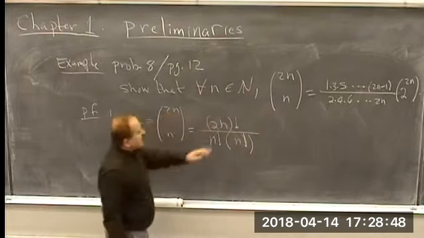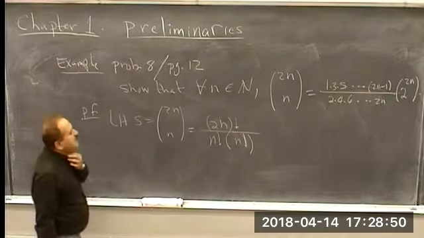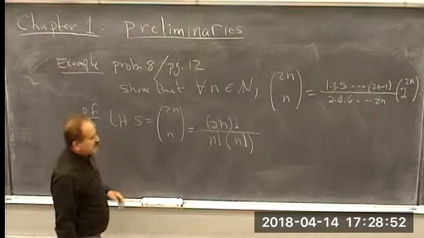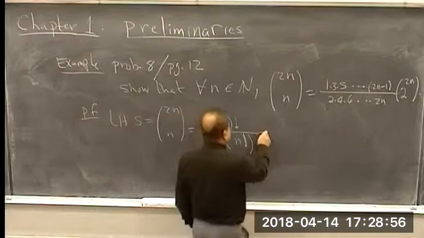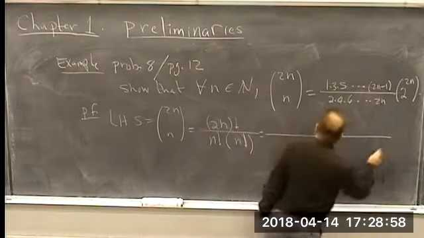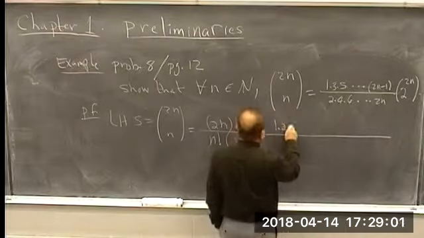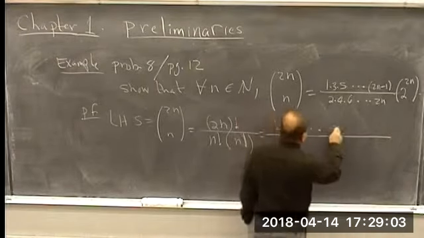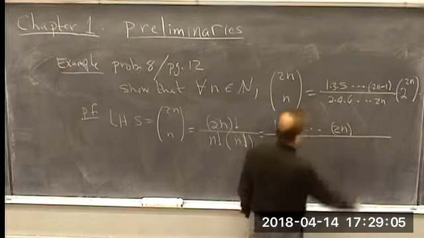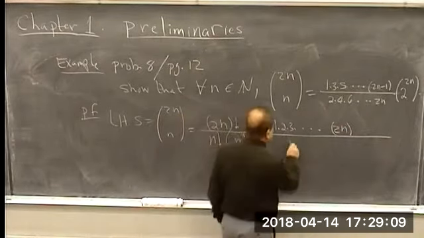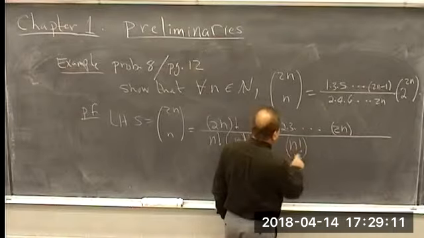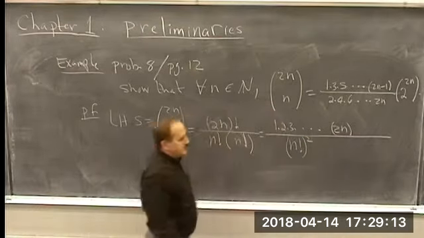Now, remember 2n factorial doesn't mean it is 2 factorial times n factorial. Actually, this is not true. It means this is, by definition, the product of 1, 2, 3, up to 2n. And in the denominator, we have, of course, n factorial quantity squared. All right?